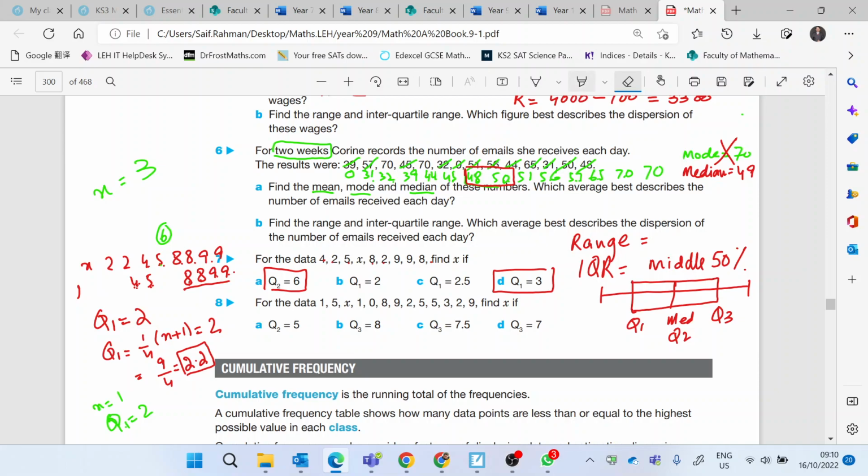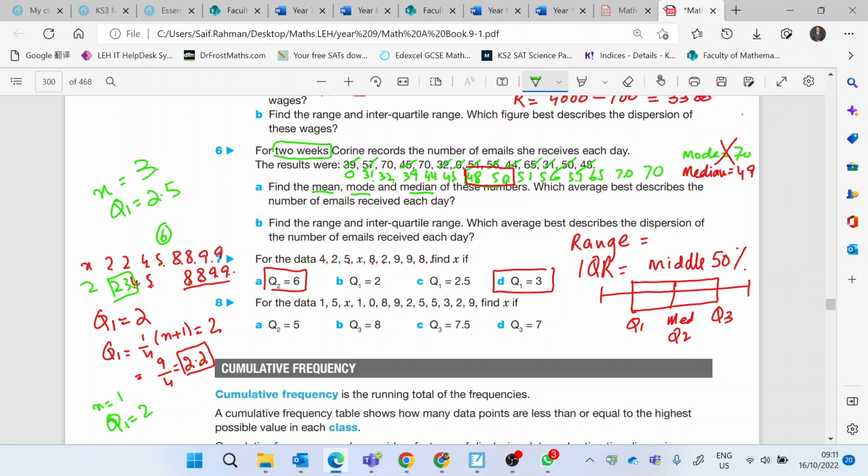Let me write again. Previously the actual values are 2, 2, 4, 5. Now if x is 3, we put the x here, and Q1 will be between 2 and 3, so Q1 will be 2.5. Got it?